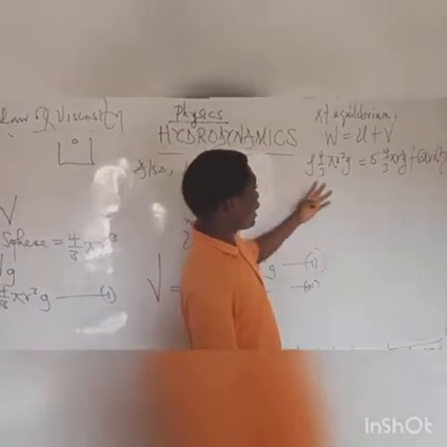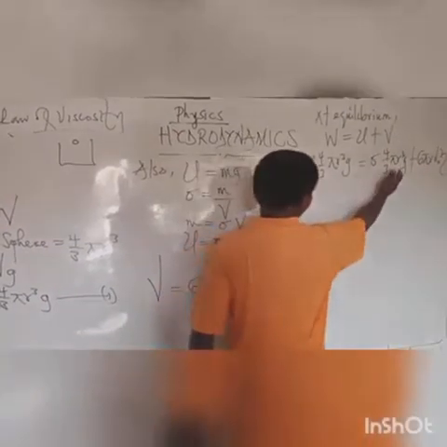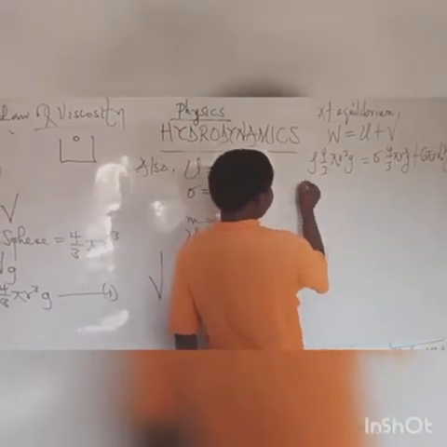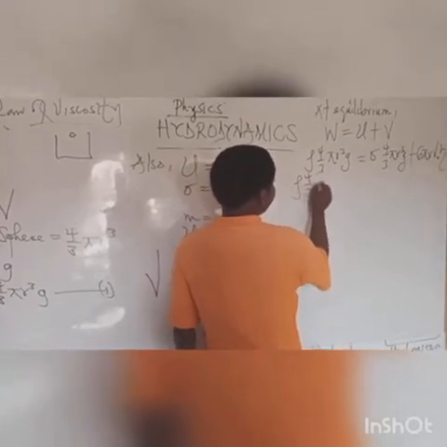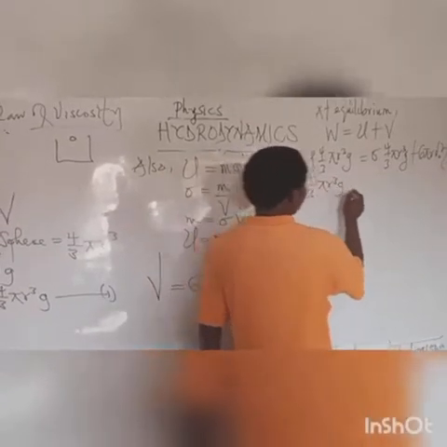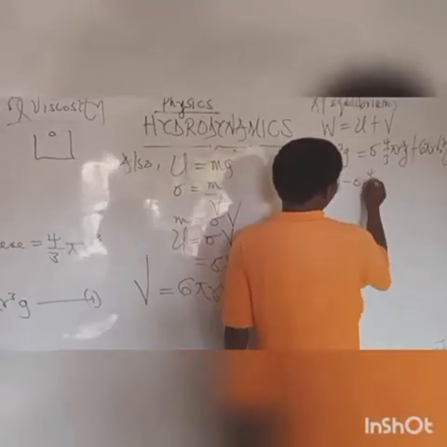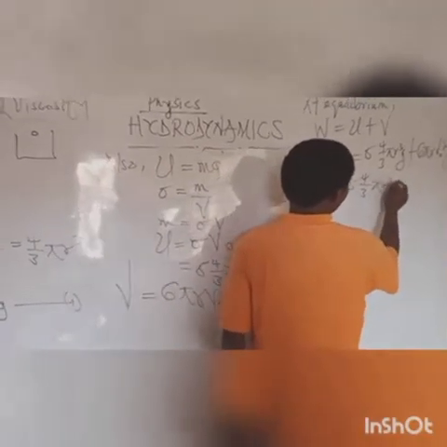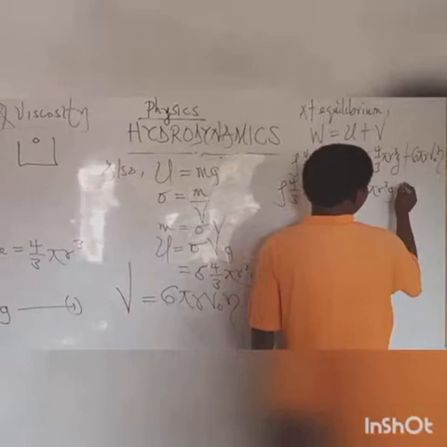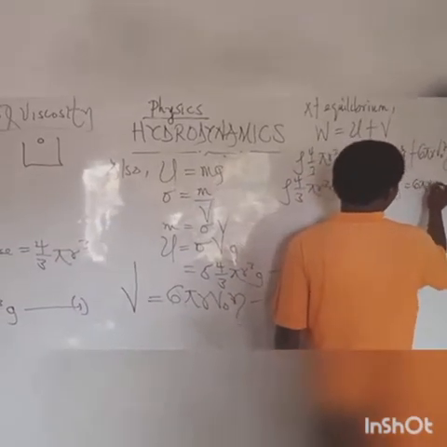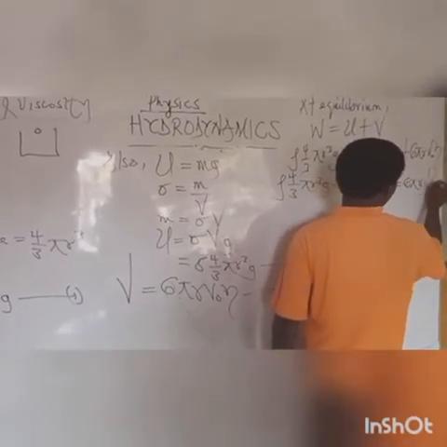Now, those terms that look alike, bring them together. So you take this to this side. By solving, you get rho times 4 over 3 pi r cubed g minus sigma times 4 over 3 pi r cubed g is equal to 6 pi r V naught times the coefficient of viscosity.